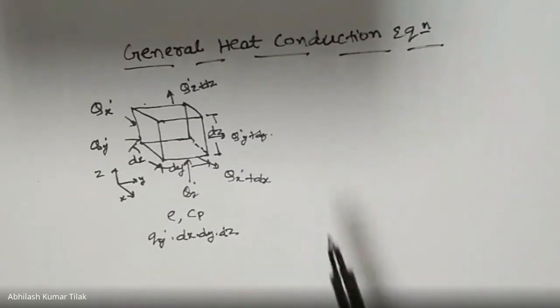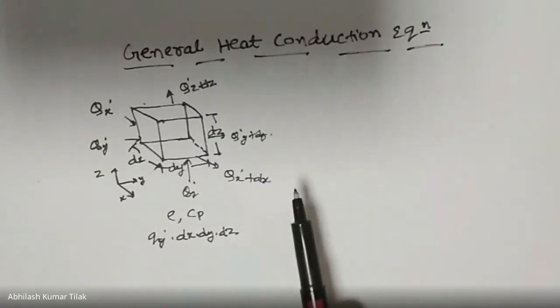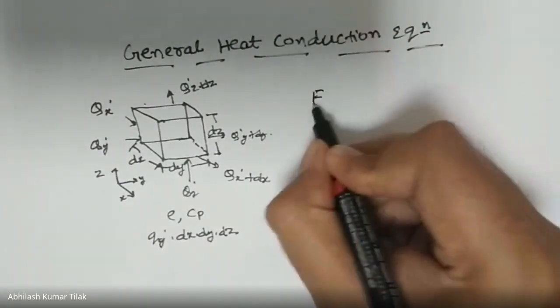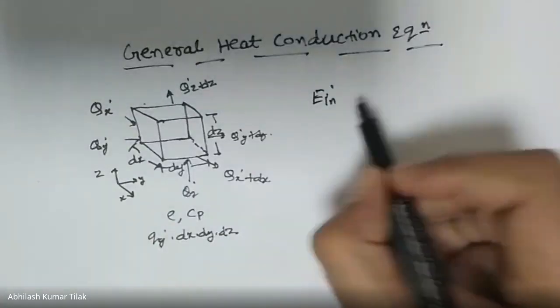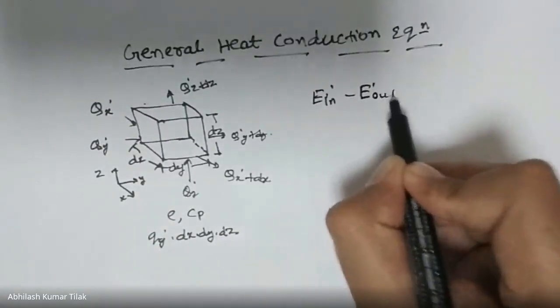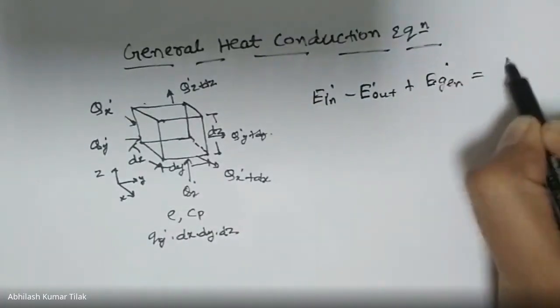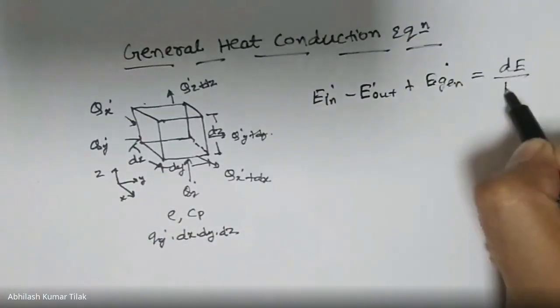According to the first law of thermodynamics, which we discussed in chapter number 1, E in minus E out plus energy generated is equal to the change in the energy of the system.